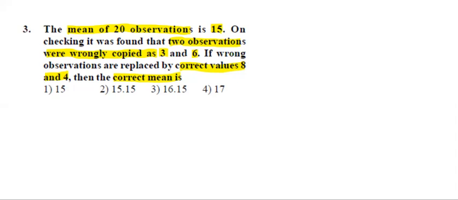Correct mean. How to find it, students? Mean means we know the formula: x bar is equal to 1 by n into sigma xi. So n into x bar is equal to the sum of the observations. This formula I am going to use.